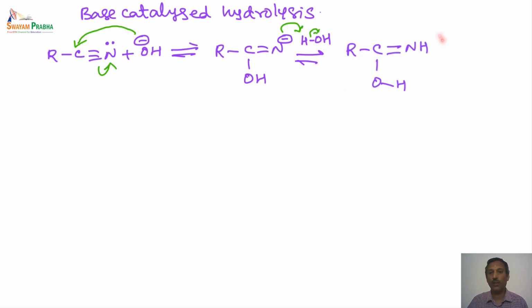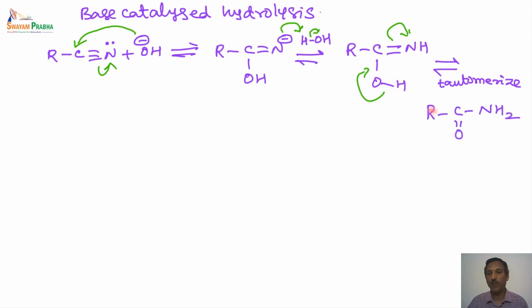So we end up with this particular intermediate. We already know this intermediate is quite unstable. So this undergoes the same reaction we have seen, the tautomerization reaction. So this proton is shifted from this oxygen to this nitrogen. So we end up with the same amide.